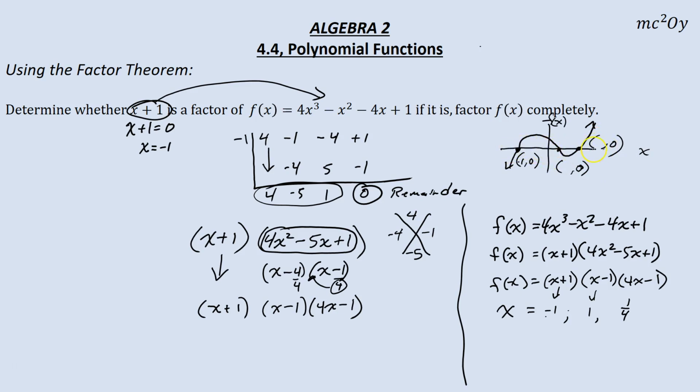Oh, I did not want to lose my x-axis. 1/4 would go there, the 1 would go there. That's what we've got. We've now solved a polynomial function. All it did was tell us to factor it completely, so technically, the answer they want is this. We just took it a step further. All right, that's all I got for you. Good luck.